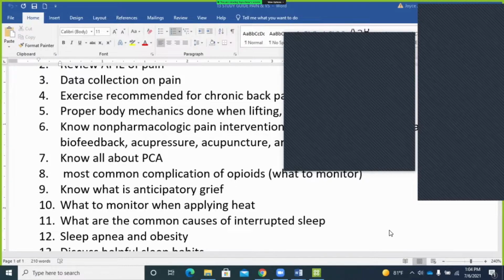What do you want to monitor when applying heat? The temperature, the redness. What does it mean if there's redness? Too hot, vessels dilated, burning. So when you apply it, guys, check it after 5 minutes.